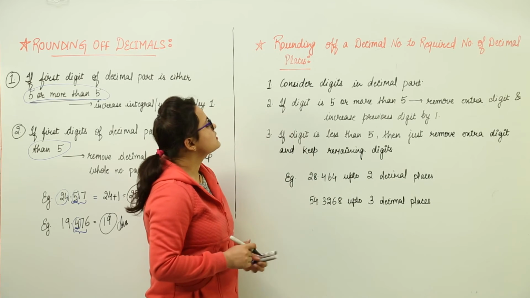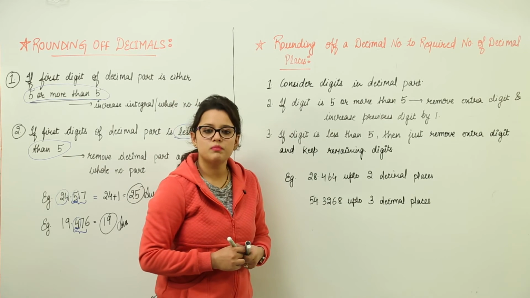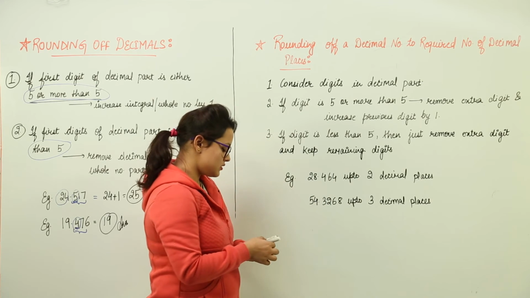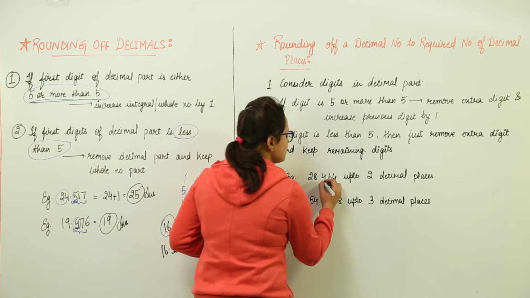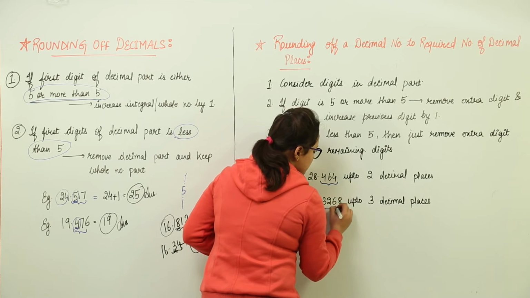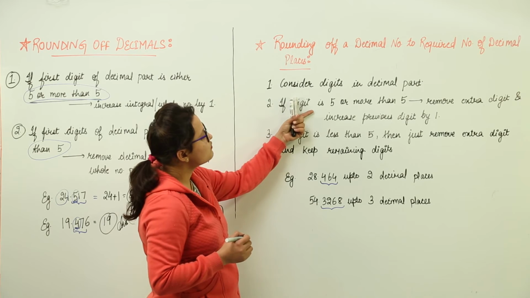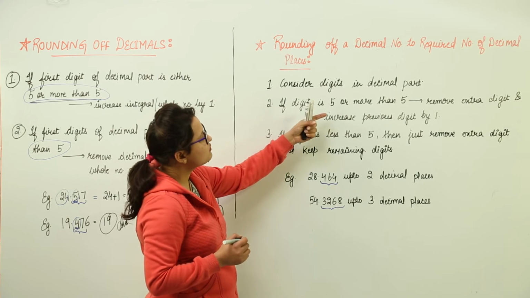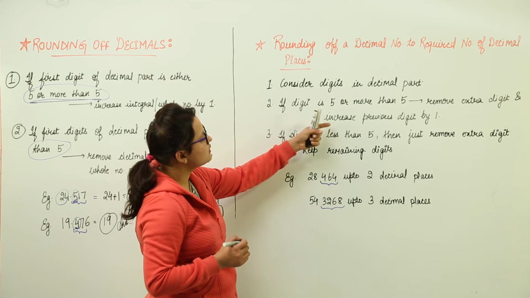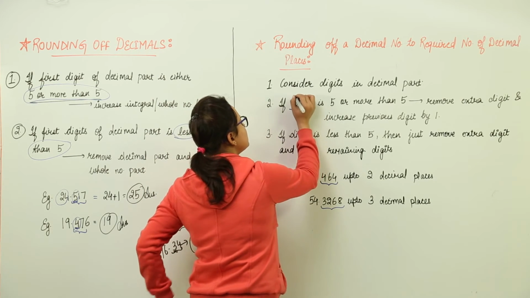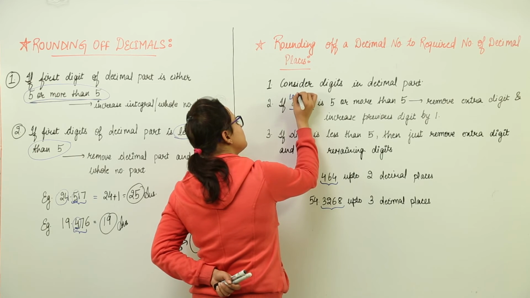The first step is to consider the digits in the decimal part. Here also we have to consider the digits of the decimal part. If the digit is 5 or more than 5, remove the extra digits and increase the previous digit by 1. Here which digit are we talking about? The last digit.